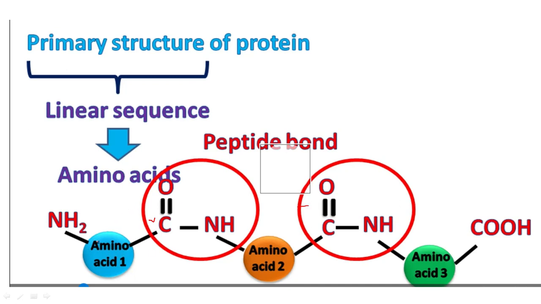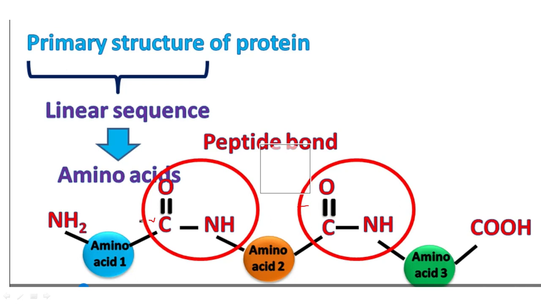So the carboxylic group of the first amino acid is linked to the second amino acid, and for this second amino acid, the NH group will be involved. So CONH will be a peptide linkage. The same is the case here on the second amino acid: the carboxylic acid is involved, and for the third amino acid, the amino group is involved.